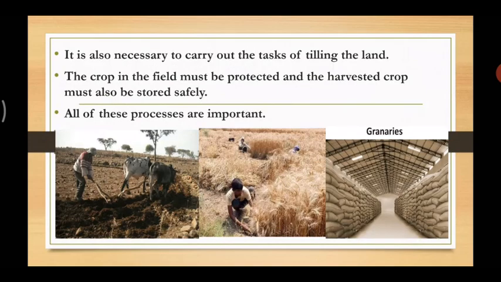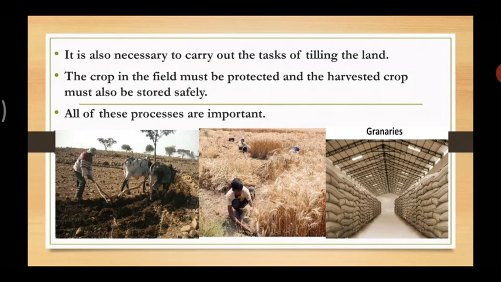Let's move forward. Tilling a land is a necessary task for farmers. It means to prepare land for the raising of crops by plowing and harrowing to cultivate. Now, the crops in the field must be protected, right?